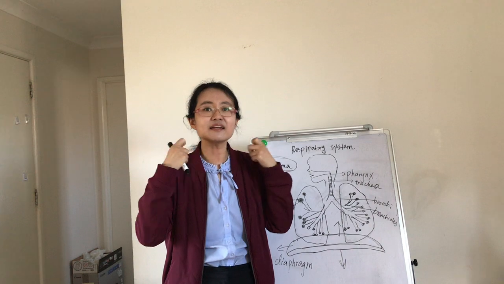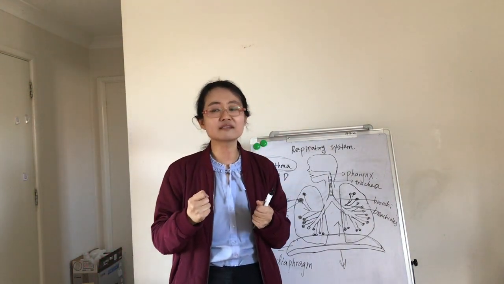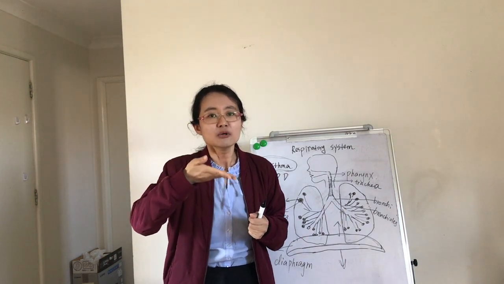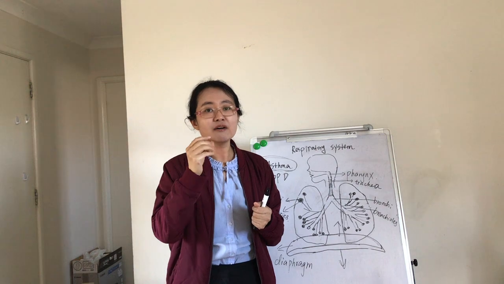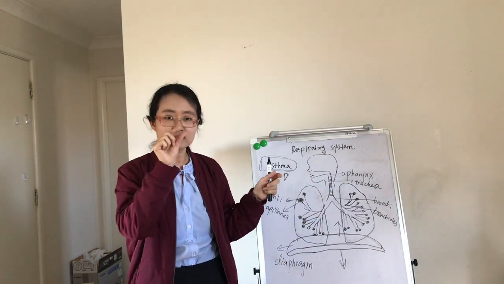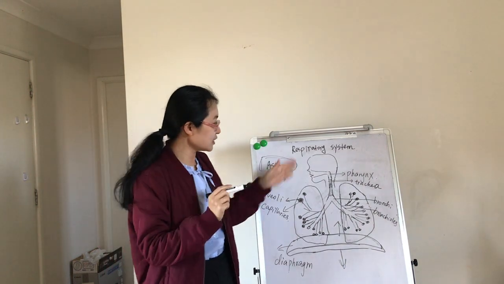So normally the bronchodilator is designed like a puffer. The patient breathes in from this puffer, and the powders inside the puffer will be spread into the airway to help the airway dilate, become wider, so the air can flow in.